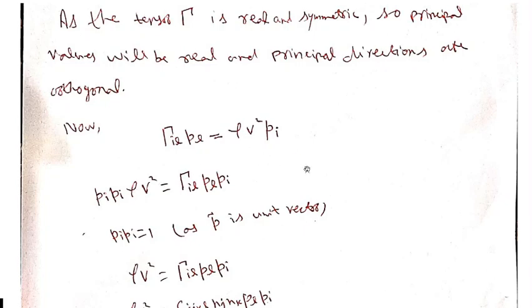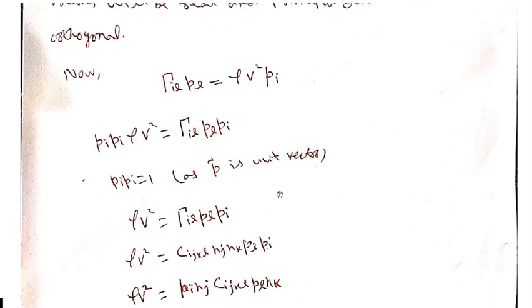As we want to look at something on eigenvalues, which are rho v square, we will try to write this eigenvalue explicitly in the form of gamma and principal directions. So what we do, we operate with pi on both sides. When we operate pi on both sides, this is the left side and this is the right.